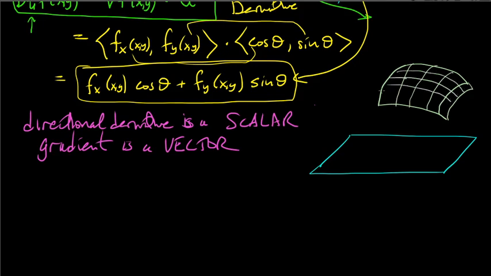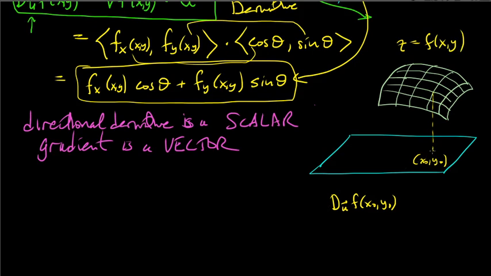So the directional derivative at a specific point, let's use this point right here. So this is my x0, y0. And I want to calculate the directional derivative in the direction of u of some function. Again, this is the graph of the function. It's a surface. So this is a number.